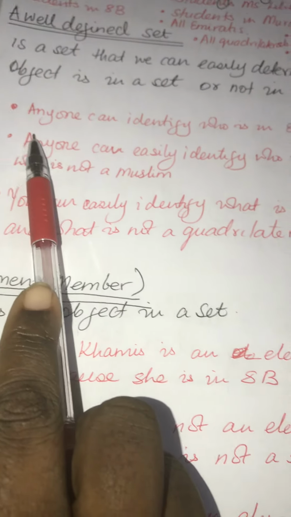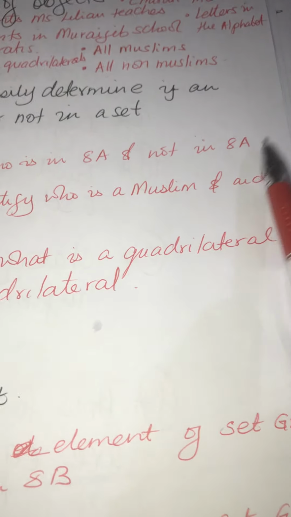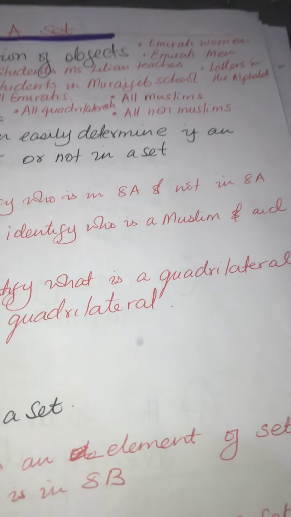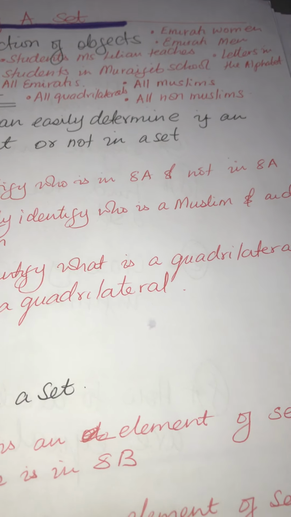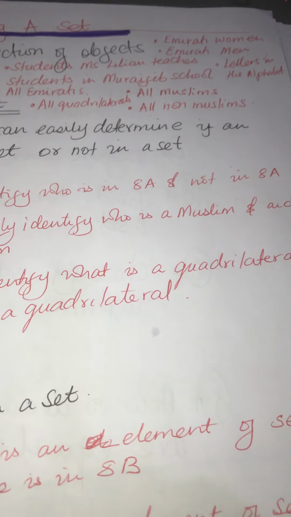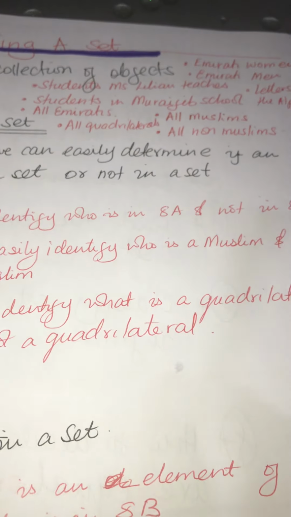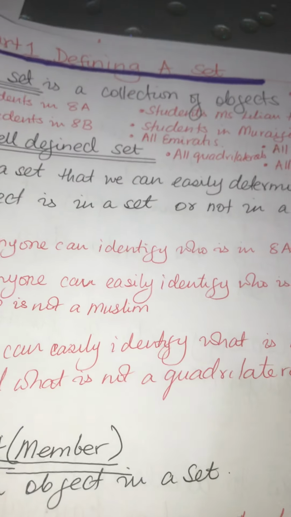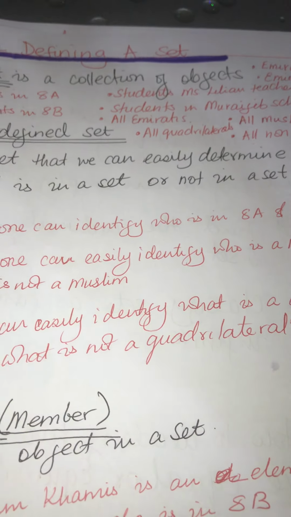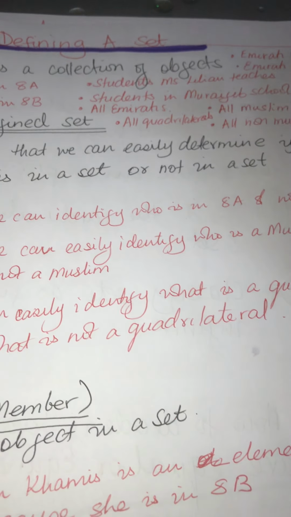Now, we give examples. Anyone can identify who is in 8A and who is not in 8A. If I walk into 8A and find Adari there, I know it is a well-defined set because I can identify quickly who does not belong in 8A.